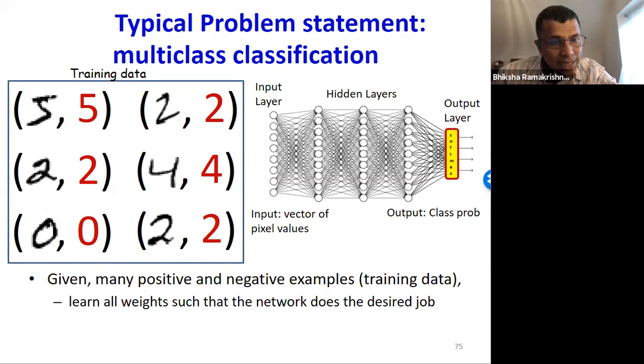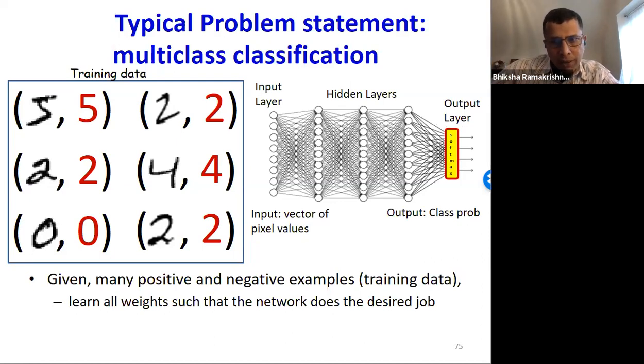For a multi-class classification task, the target output is going to be a one hot vector, but you don't actually have to explicitly represent it as a one hot vector. One compact way of representing it is saying this is a one hot vector where only the fifth component is 1, and this is a one hot vector where only the second component is 1.